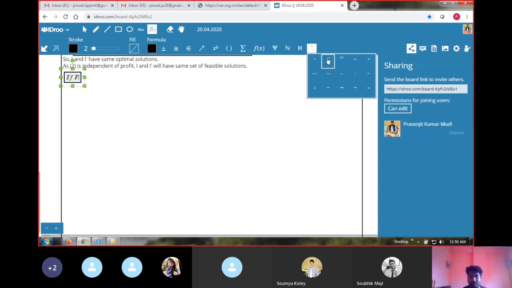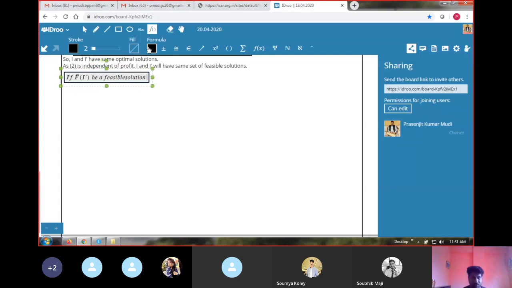If f bar I dash is an approximated or feasible solution generated by algorithm A, we can write the following.